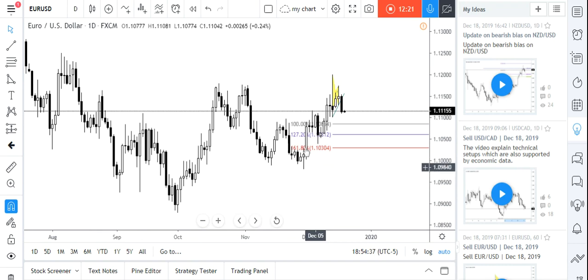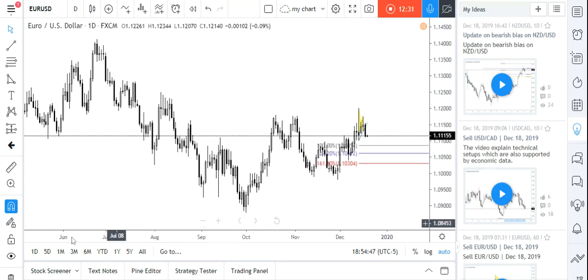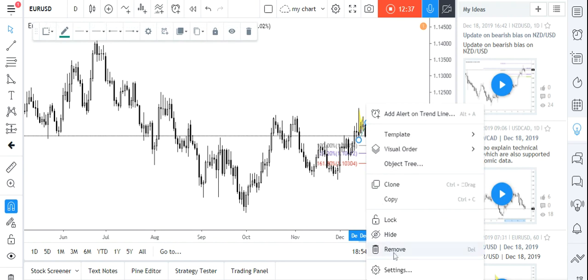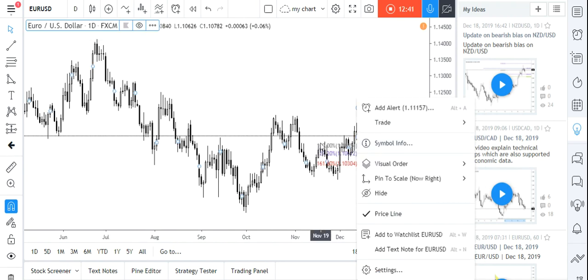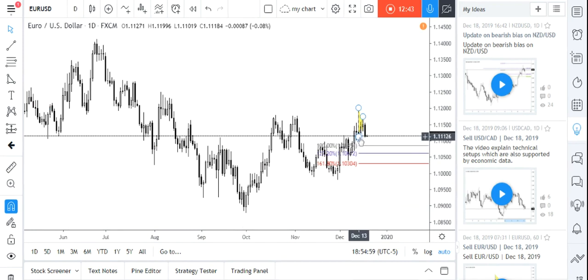Let me just remove all the tools, and then it will look very clear. I'll have to manually do this because this is not clickable.